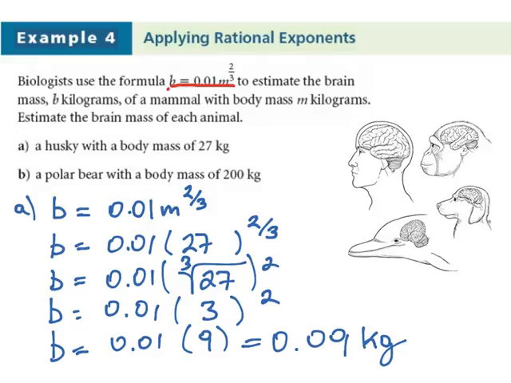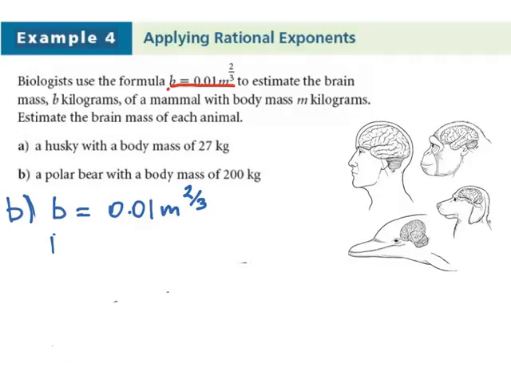We're going to use the same method to find the size of the brain for a polar bear. So I'm going to plug in the value for m for a polar bear, which is 200, to the power of 2/3. And now we're going to use the calculator because it's very difficult to reduce 200 to find the brain mass of a polar bear.